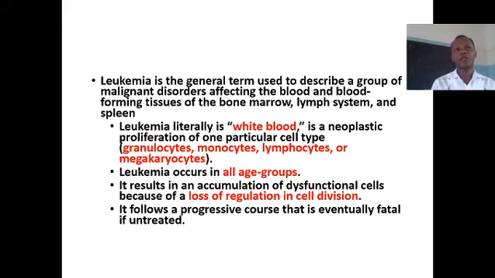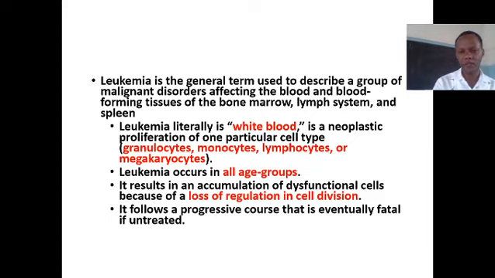Leukemia is a general term. It is used to describe a group of malignant disorders affecting the blood and the blood-forming tissues of the bone marrow, the lymph system, and the spleen. Leukemia usually affects the white blood cells.